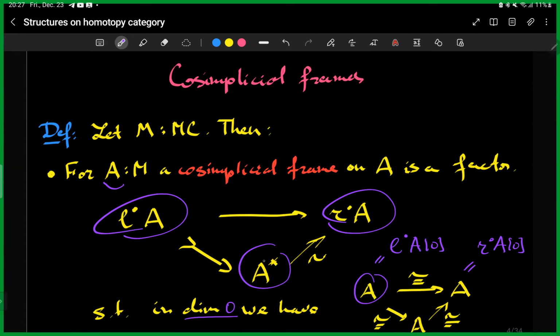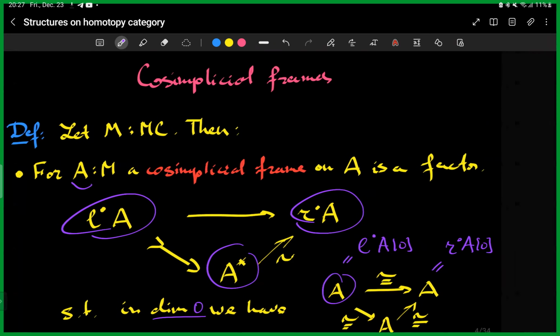And we also require that for A upper star, we also should have an object A and some isomorphisms. So that's a cosimplicial frame on an object.